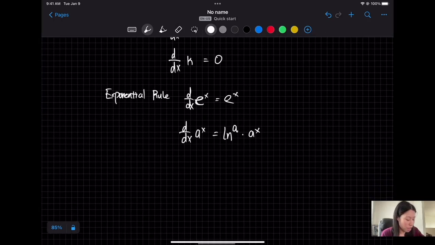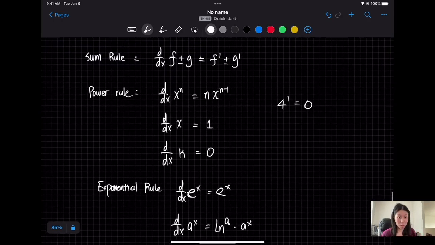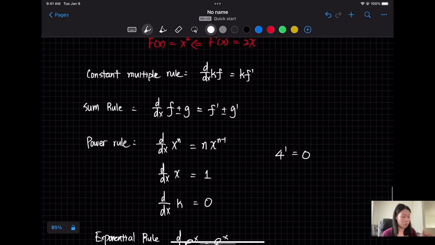And the last one is the natural logarithm derivative rule: if you take the derivative of ln of x, this is equal to 1 over x. So this is the formula that you need to remember, because when we do antiderivatives, you need to do it from the other direction, from the right to the left.